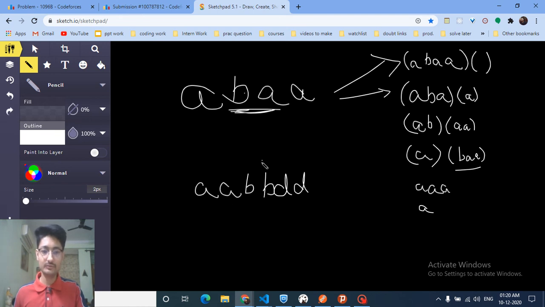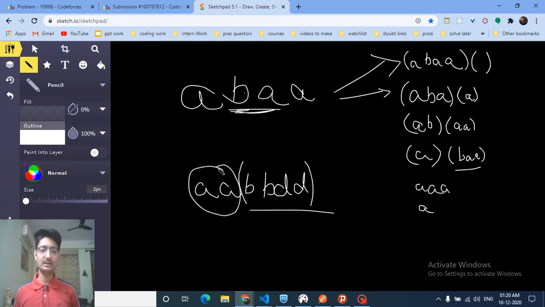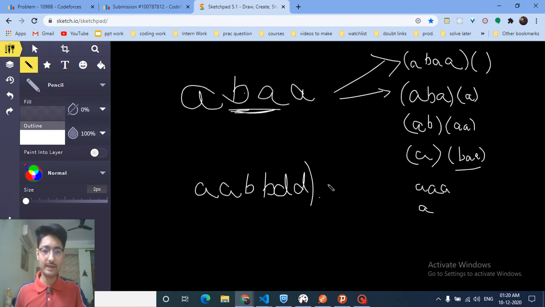But if you remove this, then B is also there. So you should only place one end at the extreme, and the other end will be such that you only remove the part so that the continuous part remains. There's only one way, which means you can remove some substring such that the continuous left part will remain, or the same can happen on the right side.